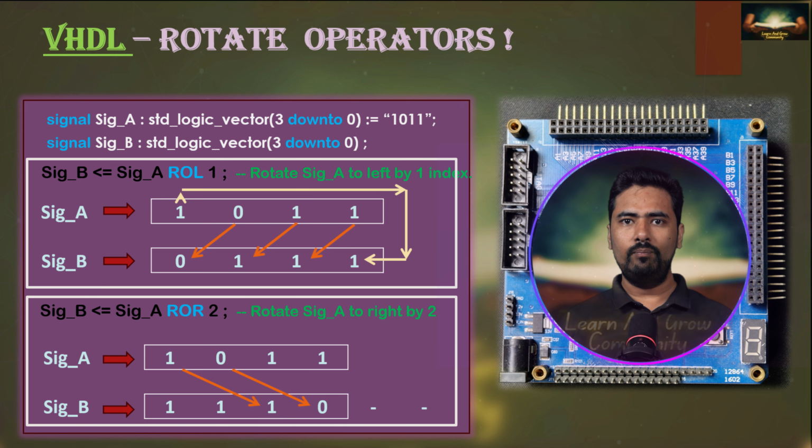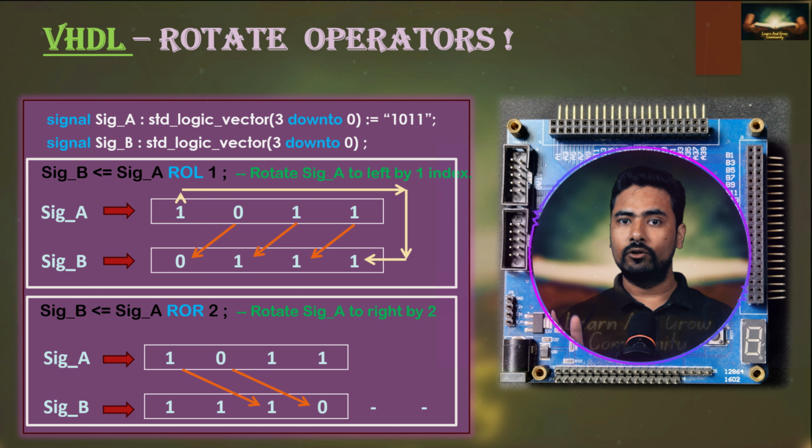Let's quickly recall both the examples. The signals are the same for both cases. We have two signals, sig A and sig B. Both are 4-bit std_logic type, and sig A is initialized with 1011. The first example is sig B gets the value of sig A ROL 1.